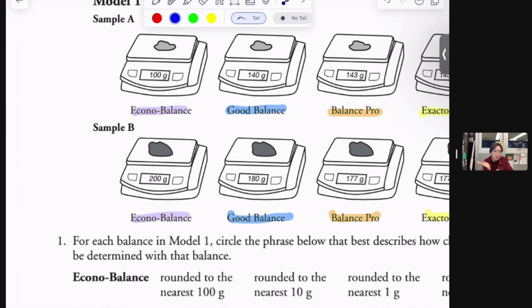And you might be saying, oh, it's probably exactly 100 and 200, but looking ahead, we can see that that's not true. For this balance, it's only measuring by hundreds. The answer was rounded to the nearest 100. And we know that because as I look at my future ones, this one knows it's 140, but I got 100 because it rounded down on this one.